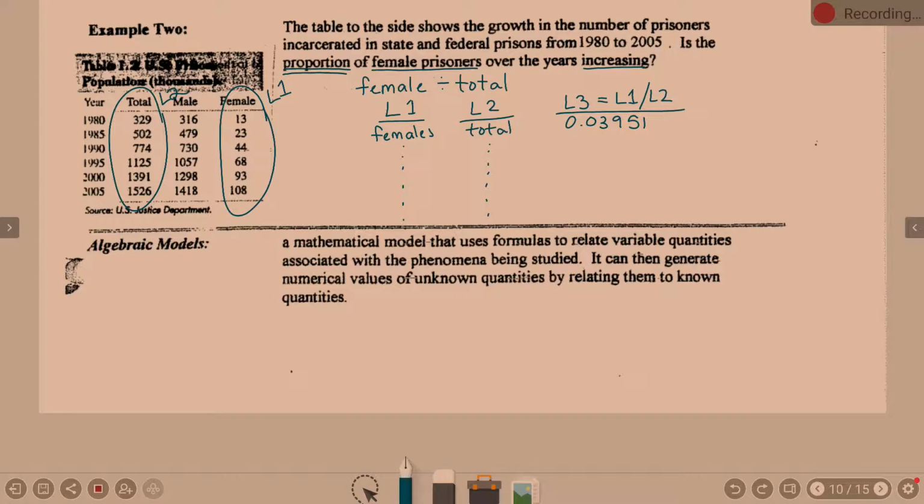So 0.03951, 0.04582, 0.05685, 0.06044, 0.06686, 0.07077. So, is the proportion increasing? Yes, and I'm going to say, as shown in L3.